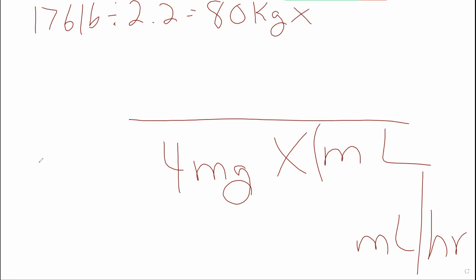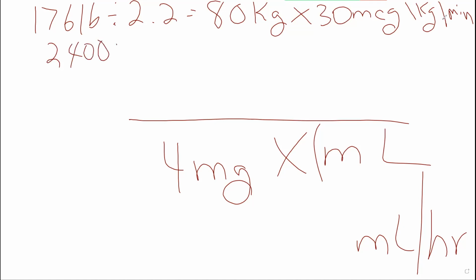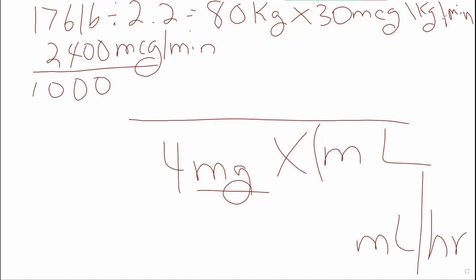And we have 30 micrograms per kilogram per minute. So 80 times 30 gives me 2,400 micrograms per minute. I need to get to milligrams. I'm going to divide by 1,000. That gives me 2.4 milligrams per minute.